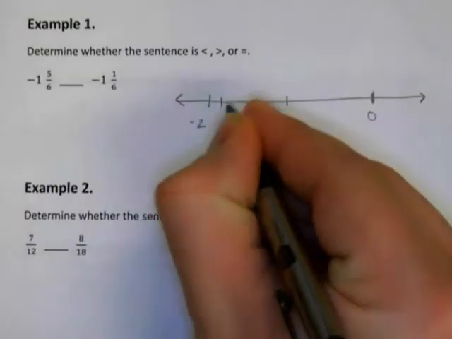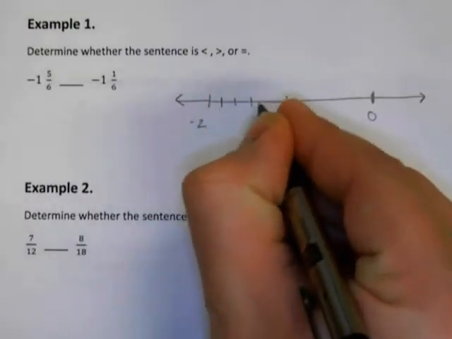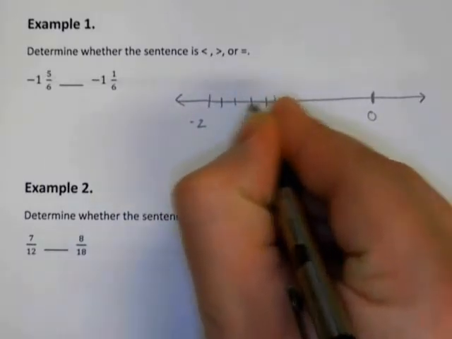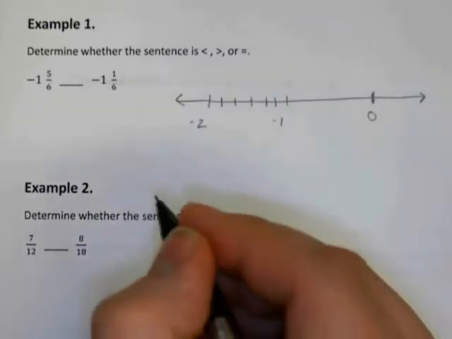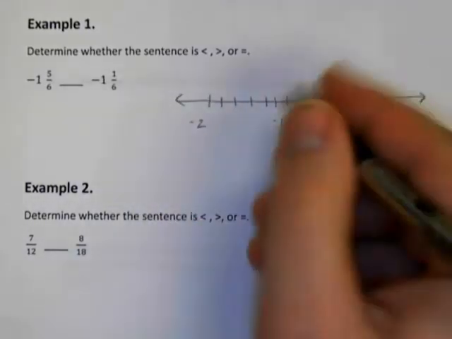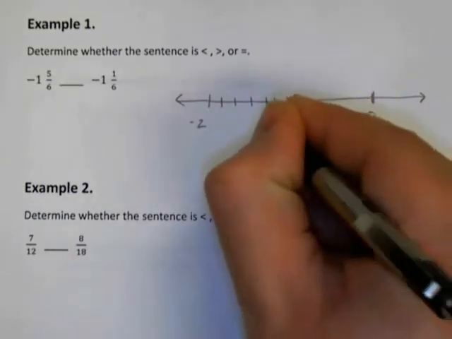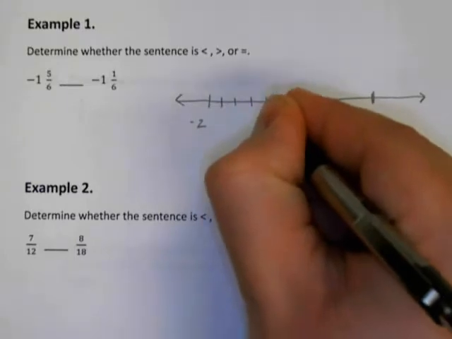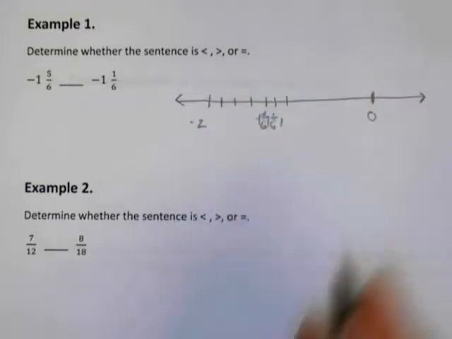So that's 1, 2, 3, 4, 5, 6. Or do I need one more? If I do, I'll put one in. So we have negative 1 1/6, negative 1 2/6. I'm really getting too tight here.